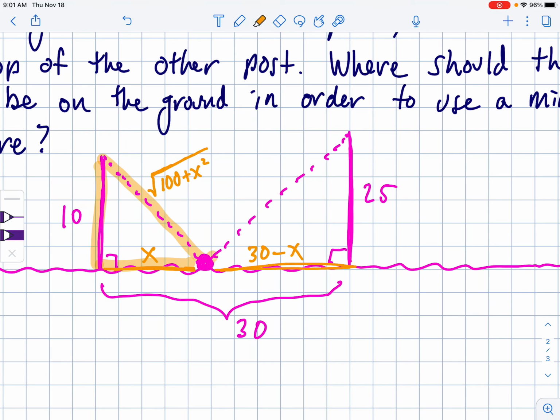Same thing can be done for this side using Pythagorean Theorem. You square the two legs, add them together and square root them. So this side is the square root of (30 take away x) squared plus 25 squared.